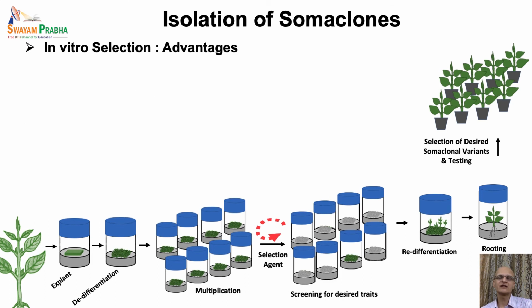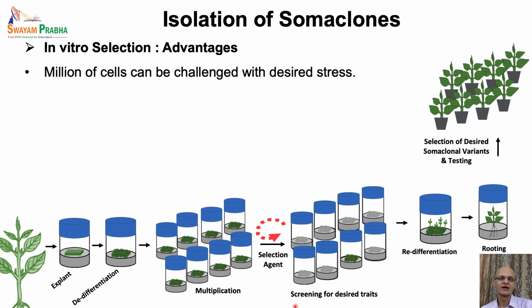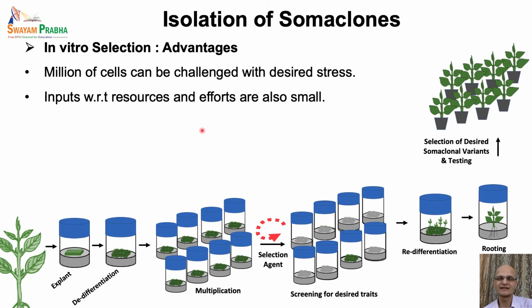The major advantage of the selection during the in vitro culture is that millions of cells can be challenged with the desired stress like the fungal toxin or the salt concentration or the herbicide in a relatively very small space, that is the in vitro cultures itself.